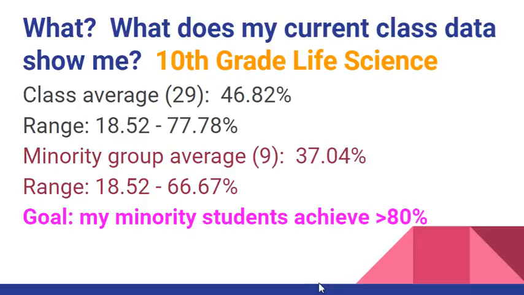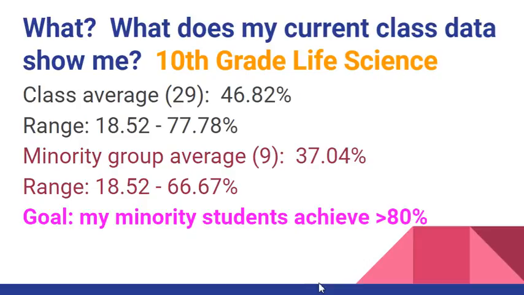And then when I look specifically at minority students, I can see that the 9 students that I have in that group scored at an average of 37.04%, with a range from the 18.52 to 66%.